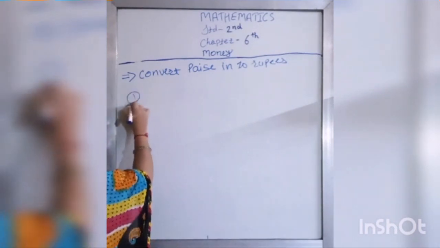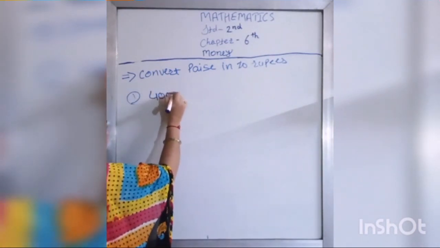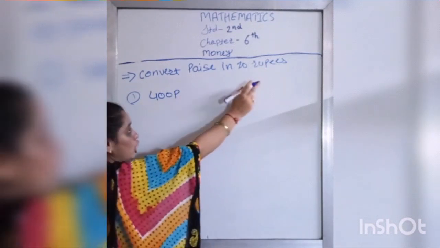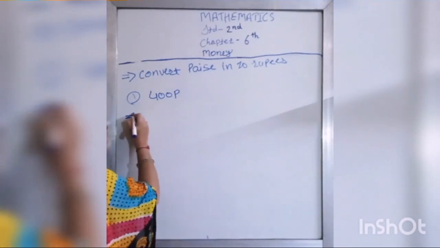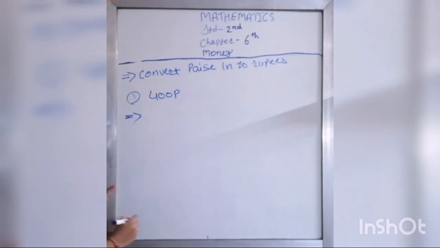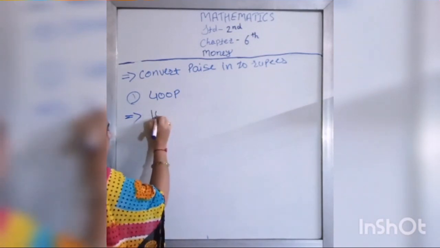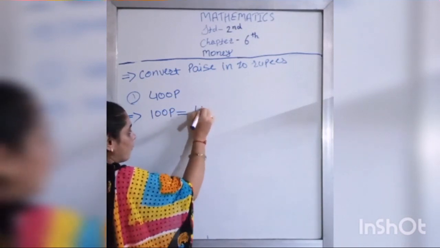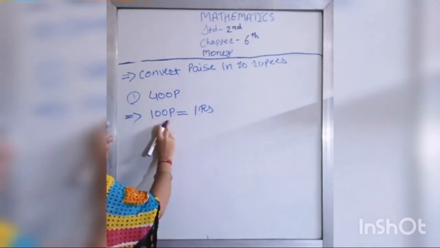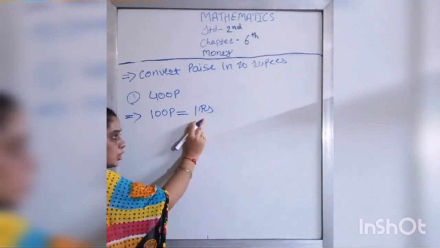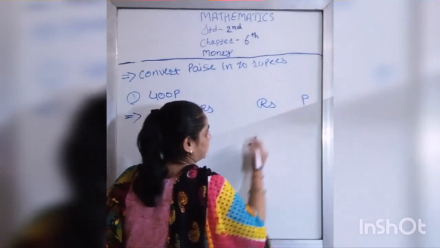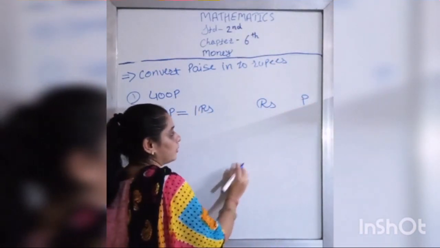See the first example, 400 paise. We have to convert this 400 paise into rupees. For that, we have the basic value: 100 paise is equal to 1 rupee. Can you tell me, of rupees and paise, which one is the bigger unit?